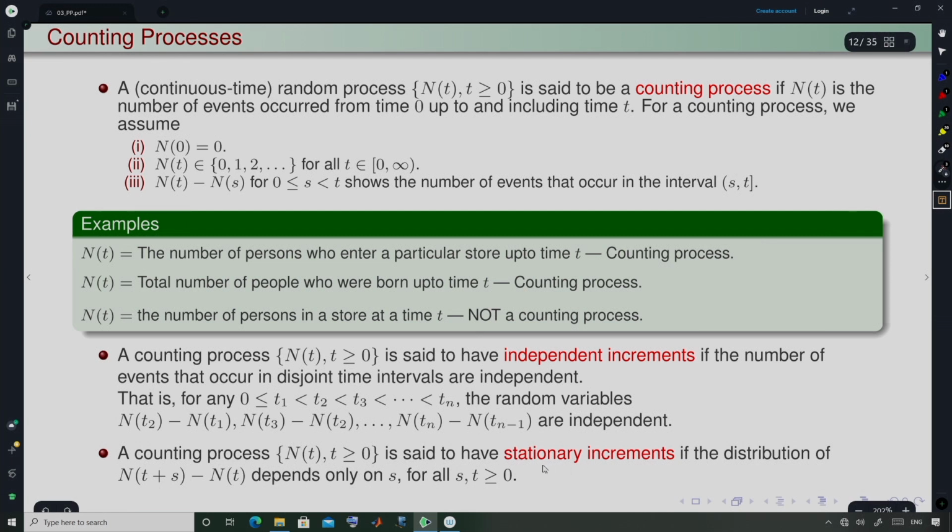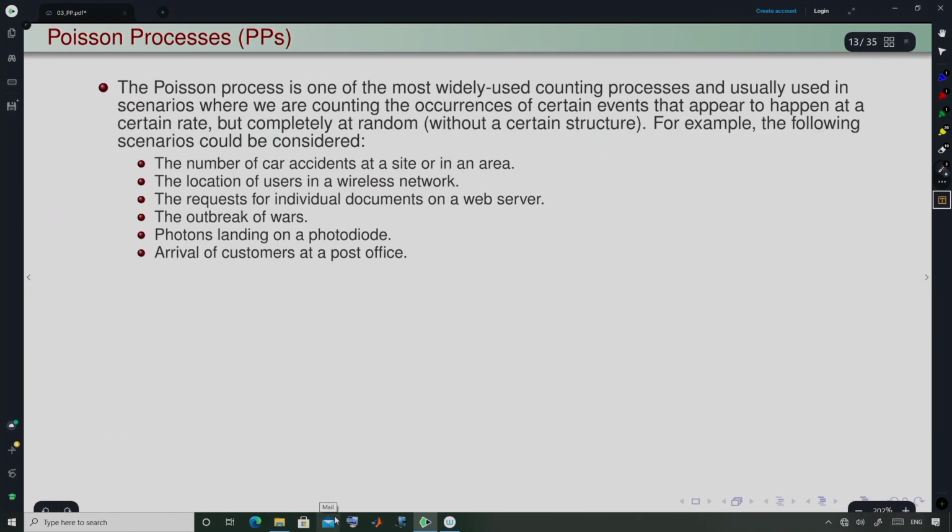So, it is said to have stationary increments if the distribution depends only on s, not on t. Okay. Now, with these definitions of the basic processes, we will try to see what a Poisson process is.